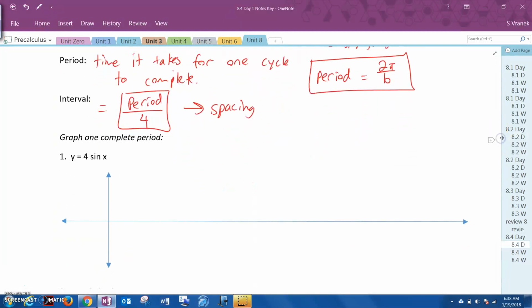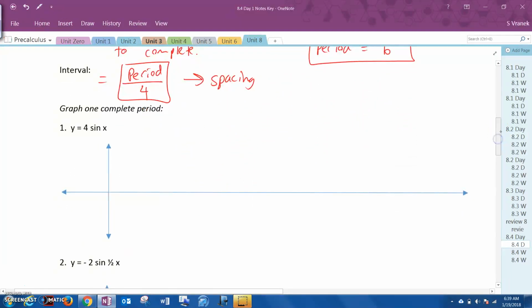So now it says graph one complete period. So we need two things. We know the amplitude is 4, and since there's no b value here, the period is equal to 2 pi over 1, because there's a value of 1, or 2 pi. Which means our interval is 2 pi over 4, or pi over 2. So it's very similar to the original sine graph.